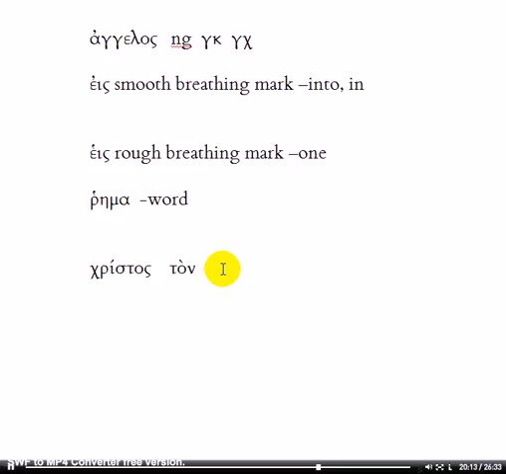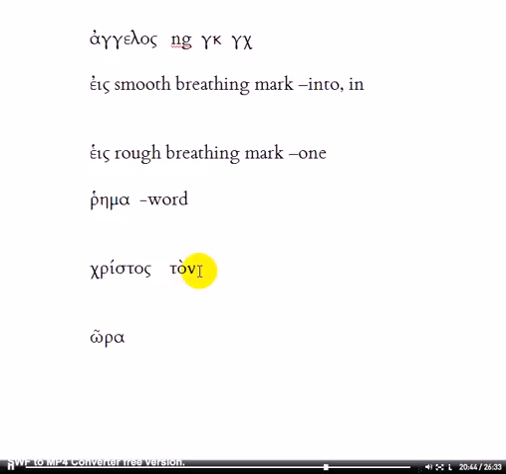The circumflex will be like this. We'll give an example here from a word that we're going to learn soon, the word for hour. Without the breathing mark here, hora.